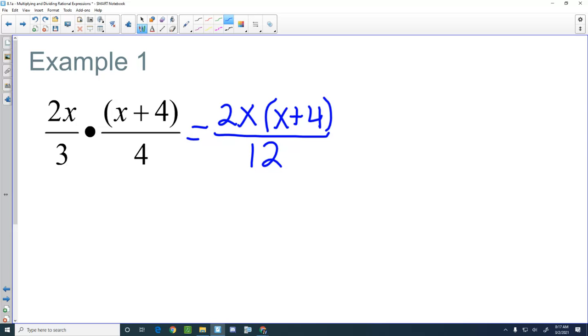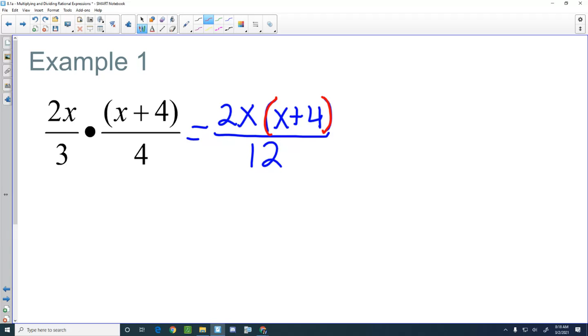Is there something that we could simplify in this fraction right now? If I look at the numbers, I see a 2, and there's a 4, and there's a 12. Now, this 4, though, is locked inside of those parentheses. I can't get to that 4, so don't try to simplify that with anything else. It's part of that binomial x plus 4. It's its own separate thing.